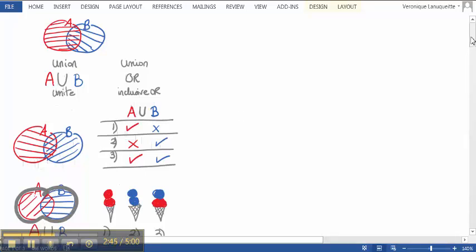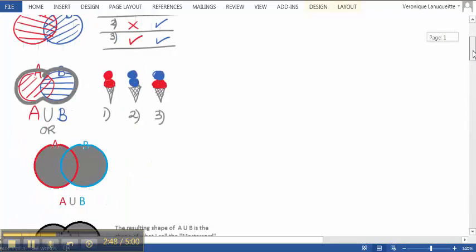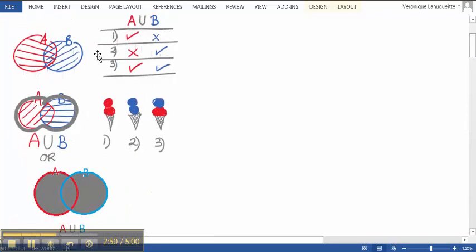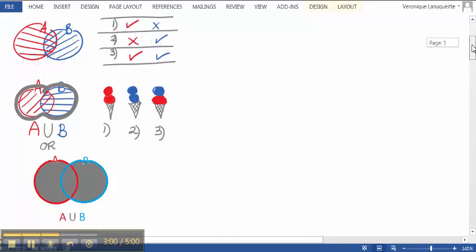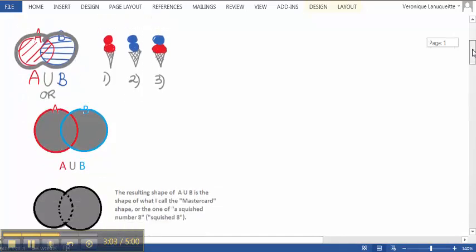So let's look at this a little bit further. When I say A union B, I'm interested in that shape that looks like what I call MasterCard or squished 8, and let's look at that a little bit more with the coloring that I filled in.